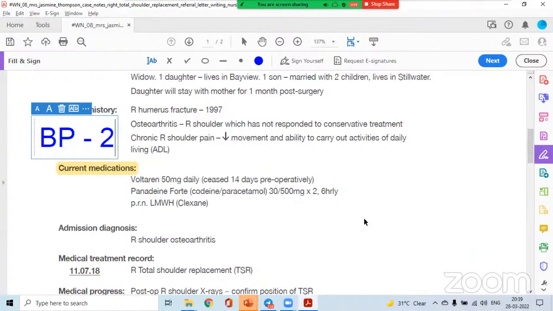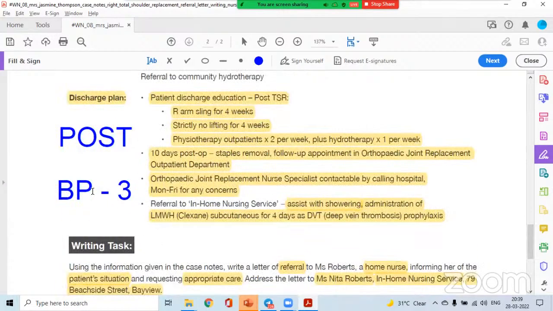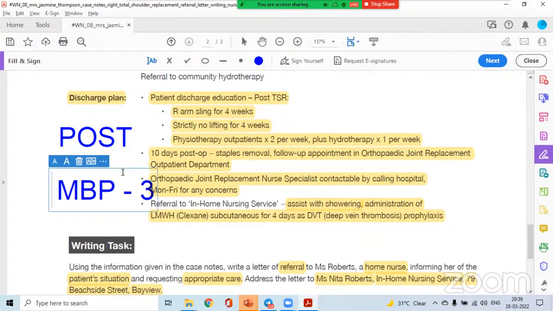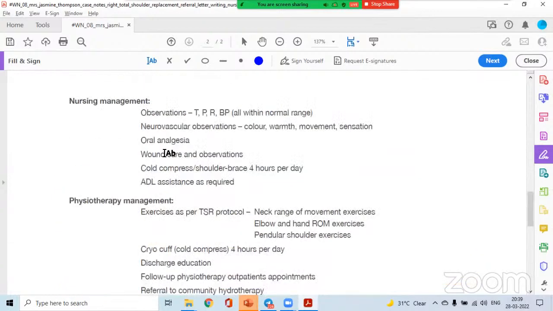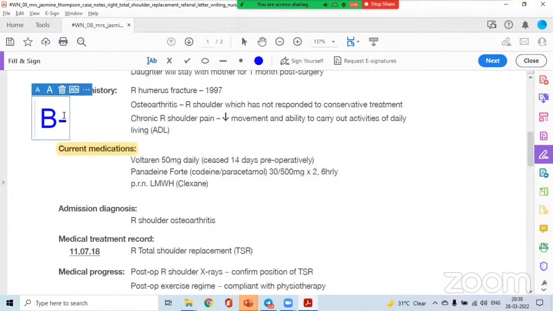They are the main body paragraphs, or you can say MBP, so that you will not get confused. So you can take current medications as main body paragraph 2.